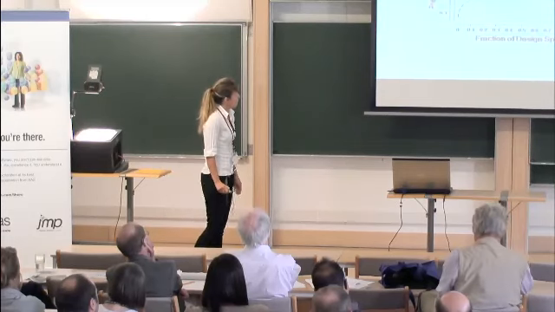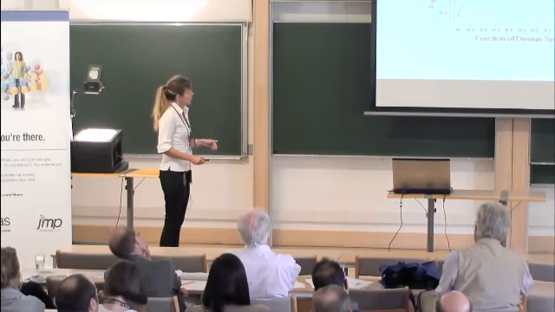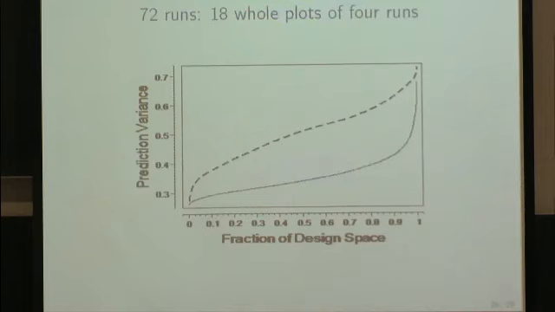In the second graph, we can see a 72-run design with 18 whole plots of 4 runs, 2 whole plot factors and 2 subplot factors. Again, our design is this one, and this is the D-optimal design.